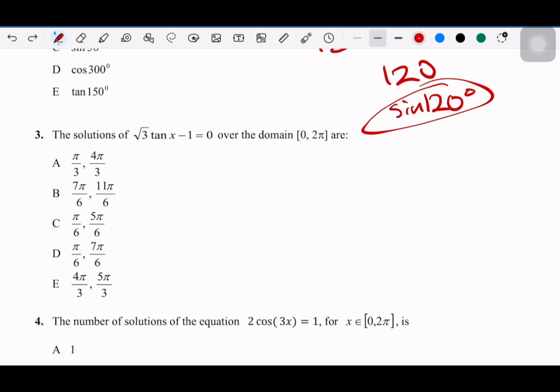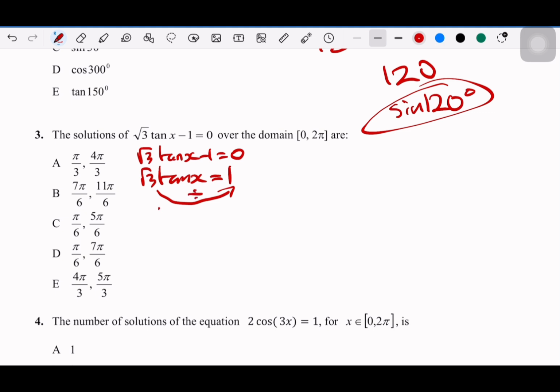This question is asking us for the solutions of root 3 tan x minus 1 equals 0 over the domain of 0 to 2 pi. So basically you want to arrange for x. You get root 3 tan x equals 1 by moving the negative 1 to the other side. Because root 3 is multiplied by tan x, you move it to the other side by dividing.